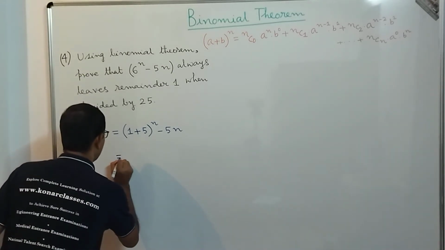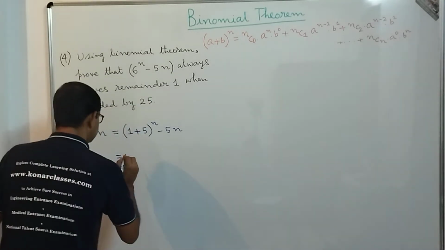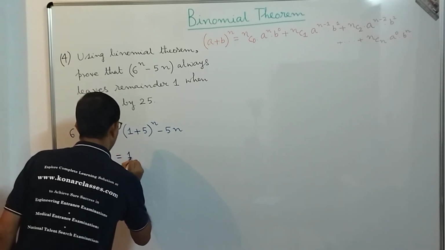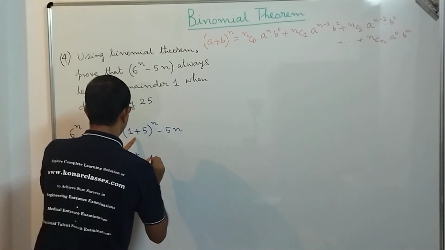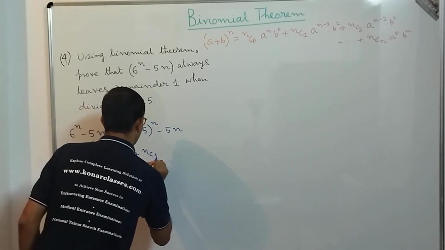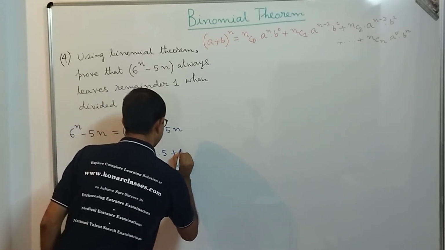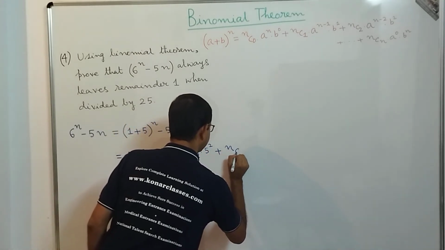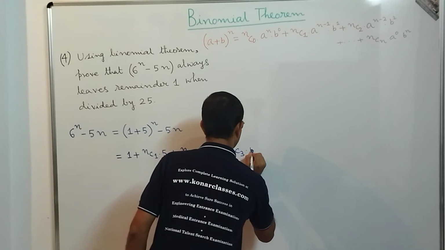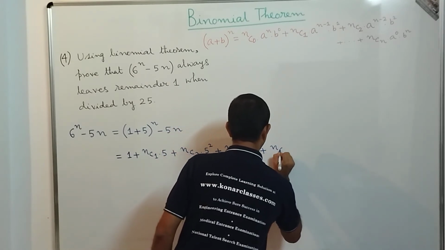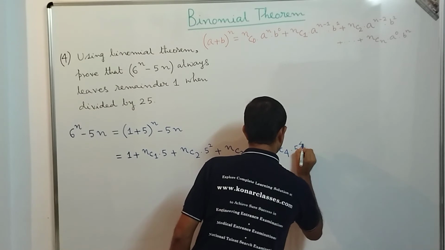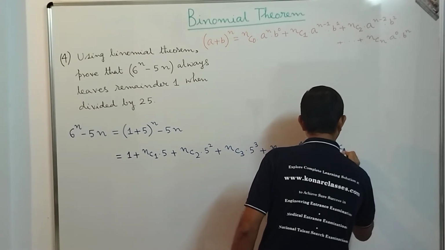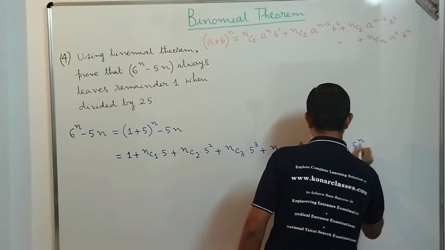If you recall the formula for (1 + x) to the power n, the first term is nC0 into 1, so it is 1 plus nC1 into 5 plus nC2 into 5 square plus nC3 into 5 cube plus nC4 into 5 to the power 4, and in that way it will continue till the last term, nCn into 5 to the power n, correct?